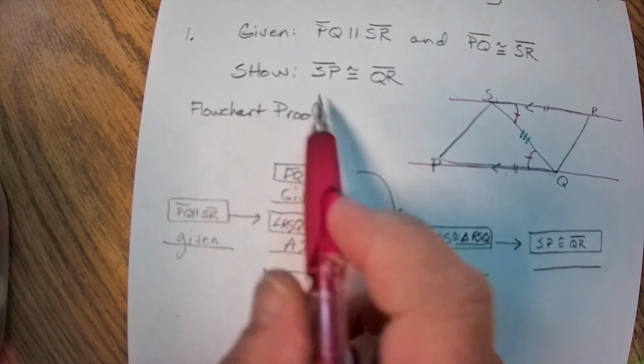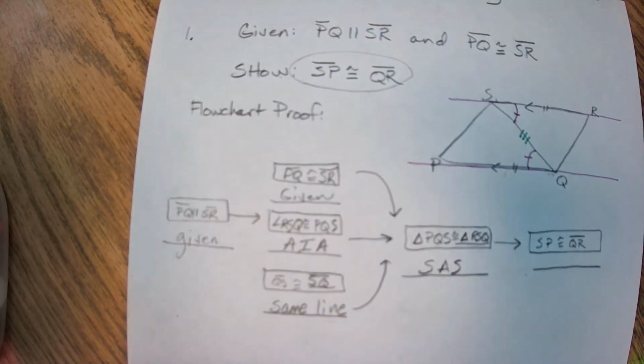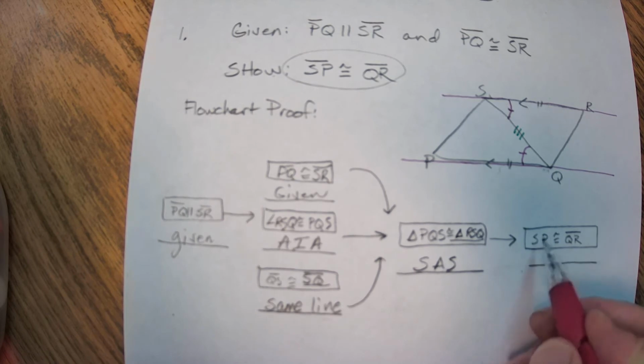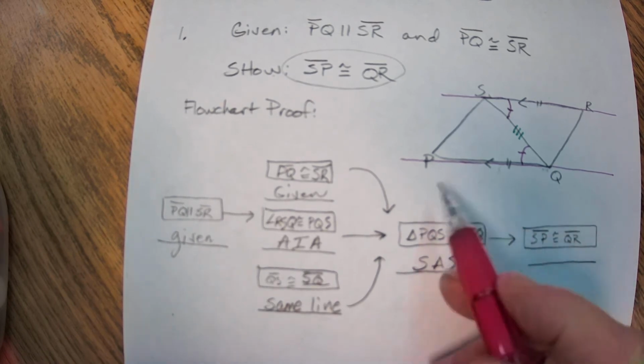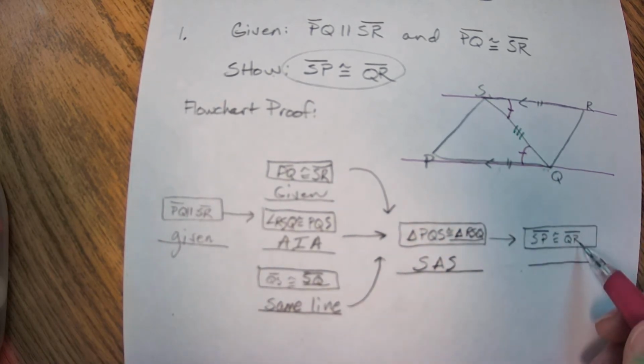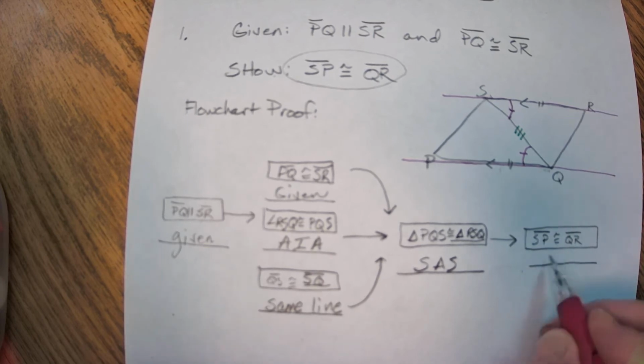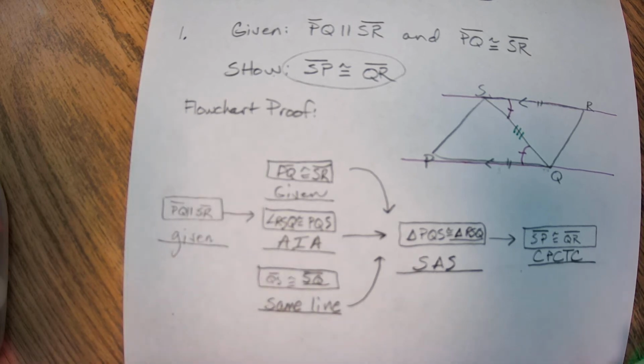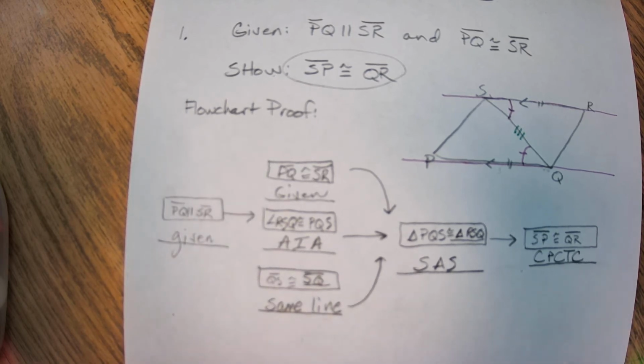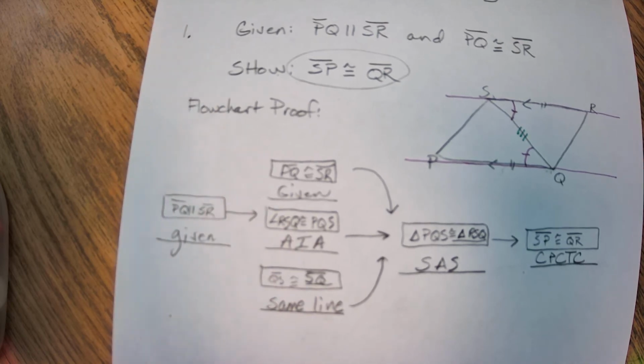So therefore, I'm to the point where I'm showing what I'm supposed to show, that SP is congruent to QR because corresponding parts of congruent triangles are congruent. So that's number one on 4.7.